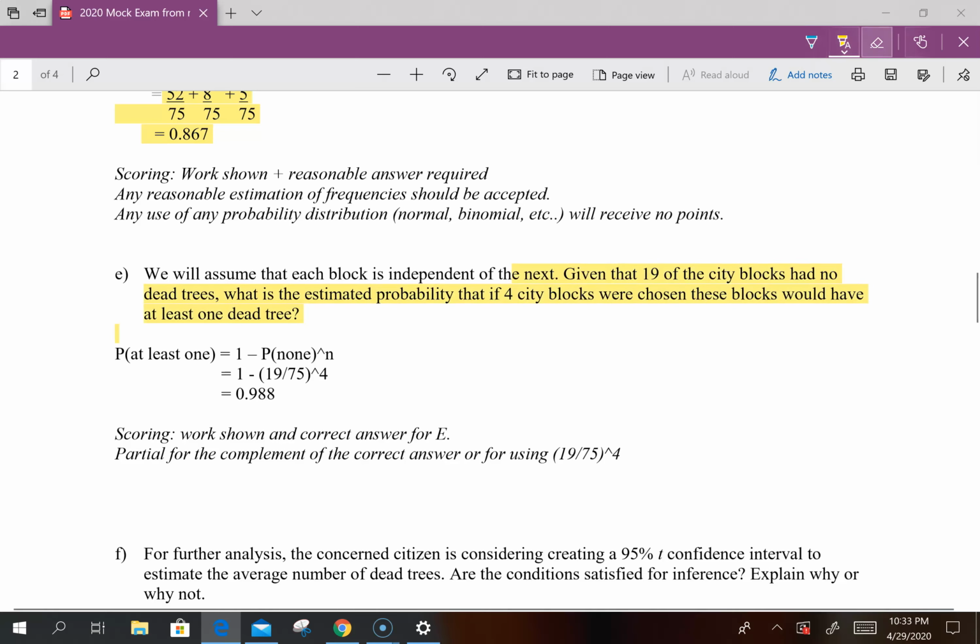So we're talking about 4 city blocks. They tell us that 19 of the city blocks had no dead trees. So the probability of none is that 19 over 75. So it's 1 minus 19 over 75 to the 4th power. You want to do that exponent before you do the subtraction.